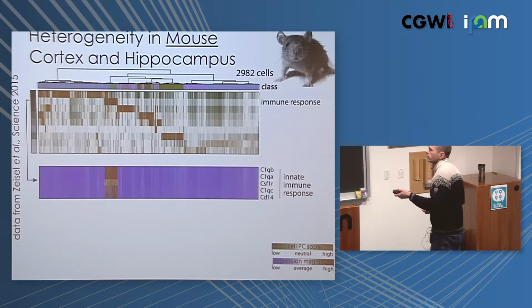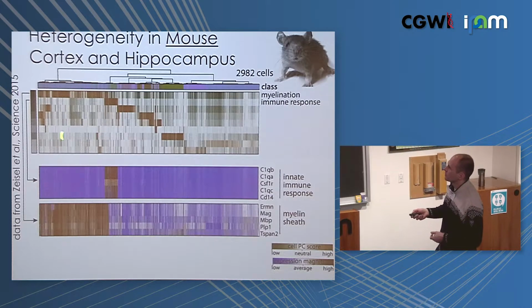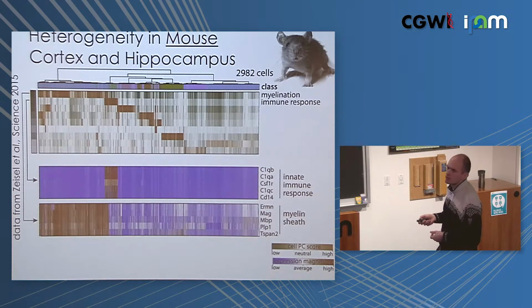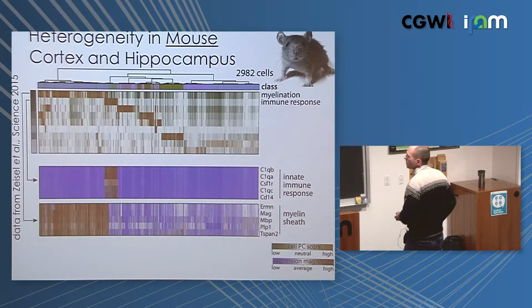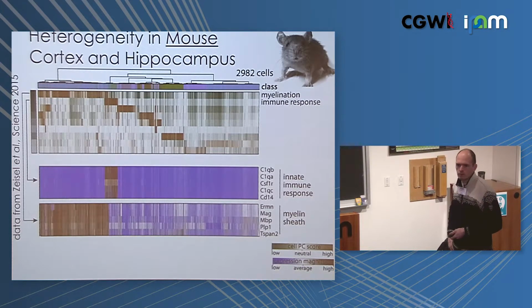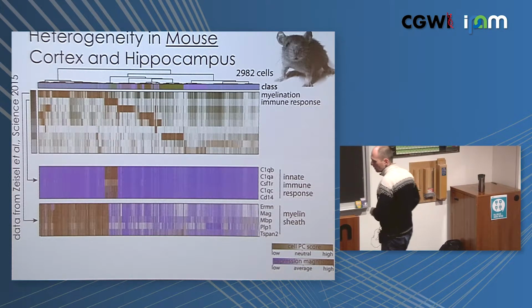If you look at different rows, for instance, the top 2, you can see the genes that are driving this separation. So for instance here, we have expression of these innate immune response genes, and these cells are actually separated because of strong expression of myelination pathways. And so you can go through these and actually try to do an annotation of some sort.